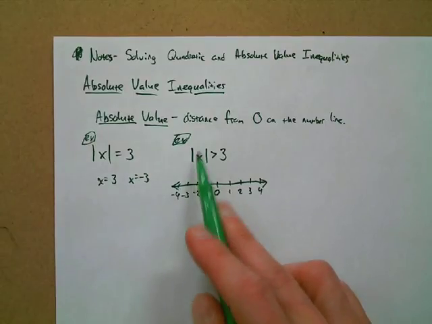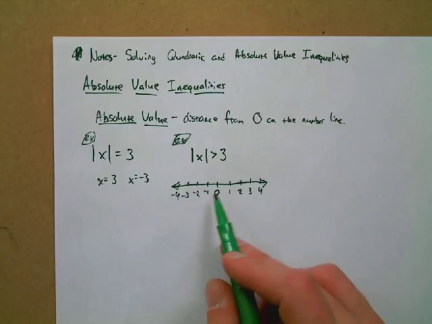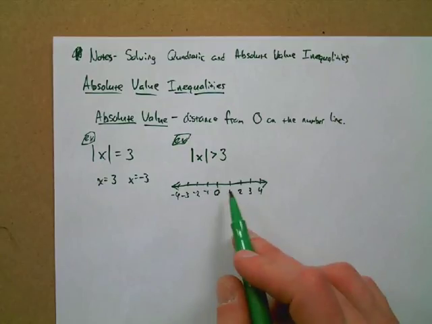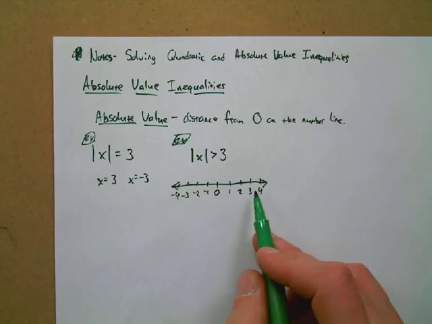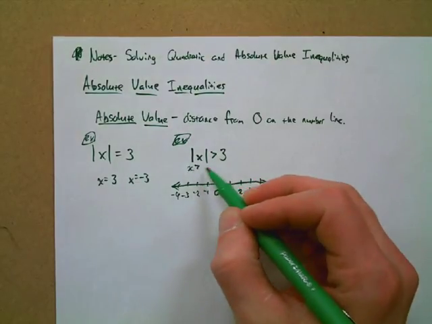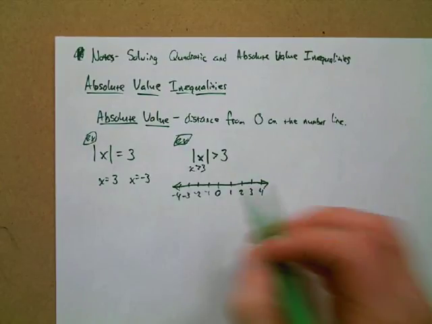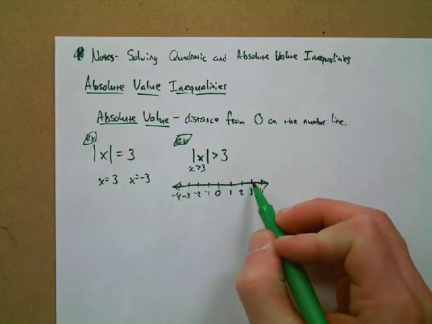Going greater than 3 away in this direction, here's 3 away exactly. If we want to go greater than 3 away, we want all the values x greater than 3, because I want to be more than 3 away from 0. So let's say x is greater than 3.